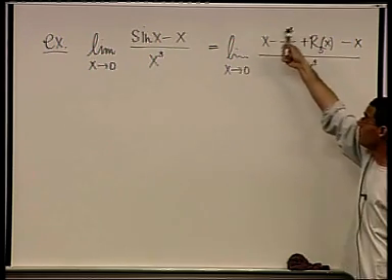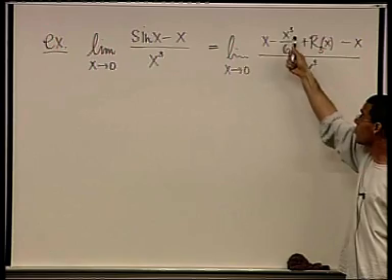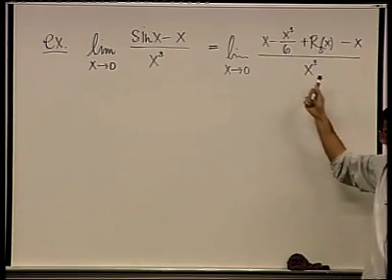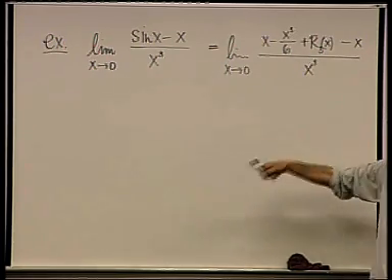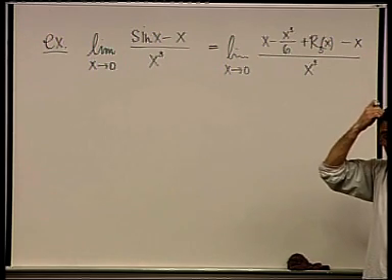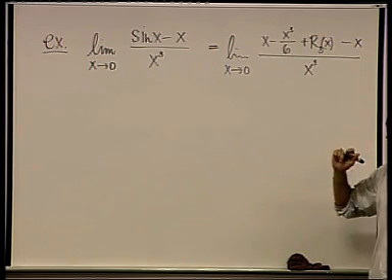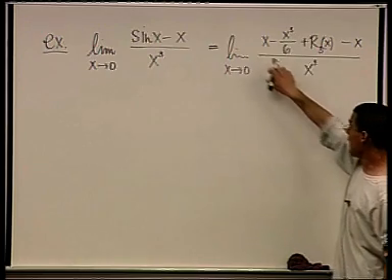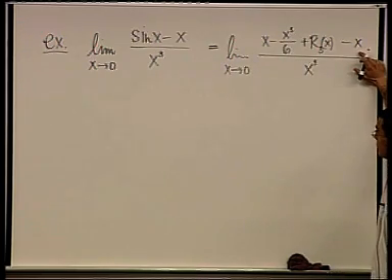Because I took the Taylor polynomial of degree 3, P3 corresponds to R3. R3 is going to have 3 plus 1 factorial in the denominator. Okay? Good? The x's here cancel.